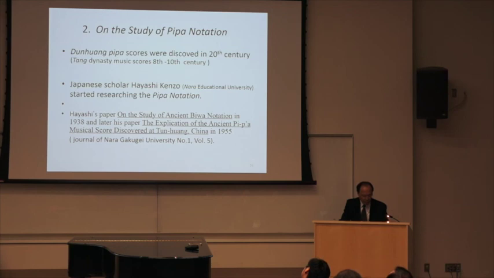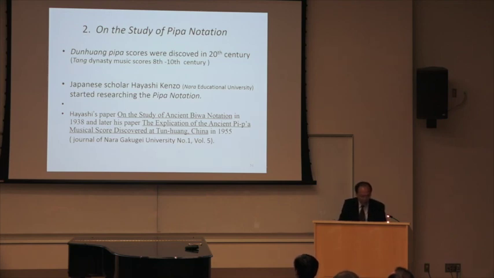In fact, research on the pipa notation began in Japan when the Japanese scholar Hayashi Kenzo, of Nara Educational University, started researching the Tenpyo Biwafu, written in the year 747.